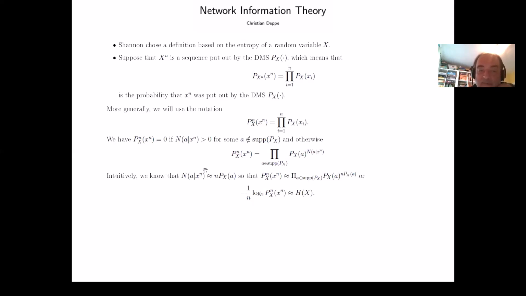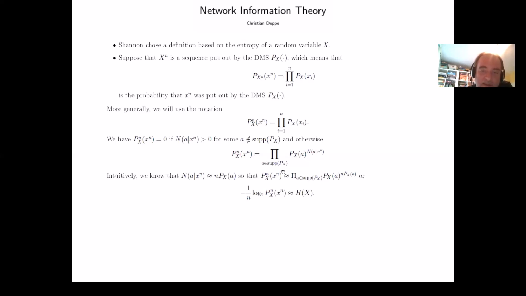And now we intuitively guess that N(a|x^n) is n times p_X(a). So it should be true that p_X^n(x^n) is equal to the product of p_X(a) to the power n times p_X(a). So we just replace N(a|x^n) by n times p_X(a).